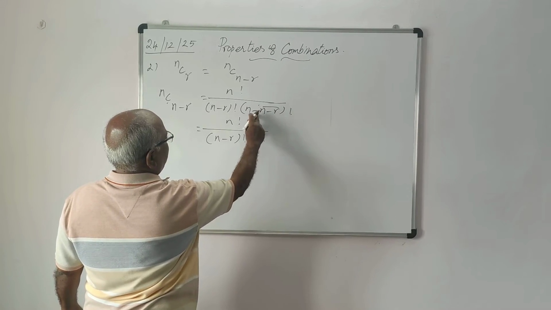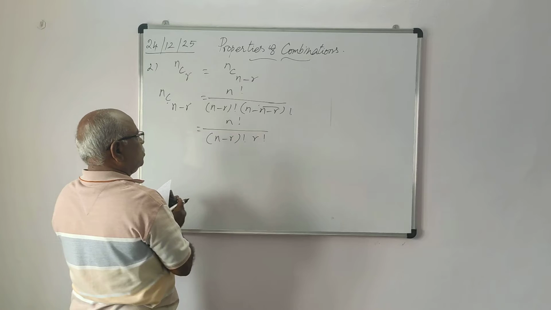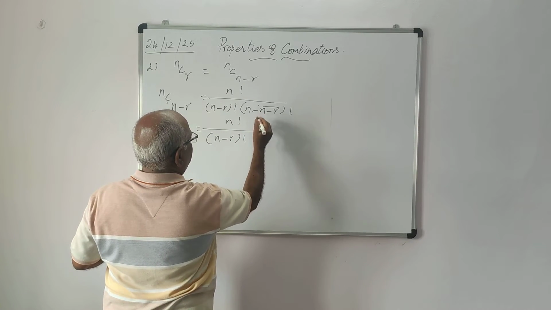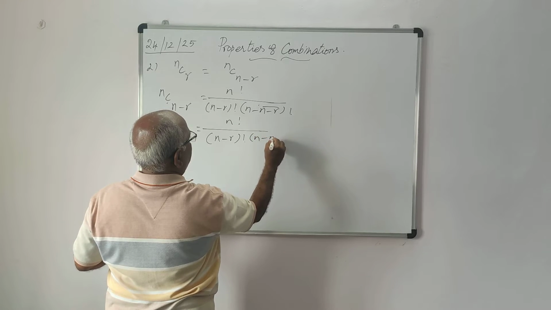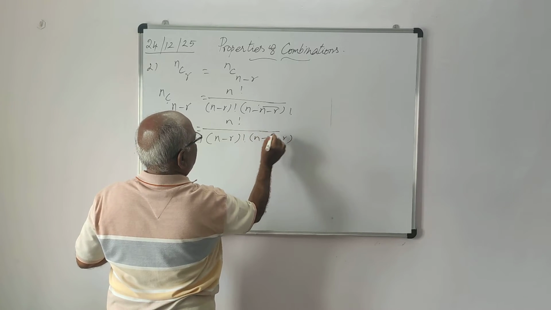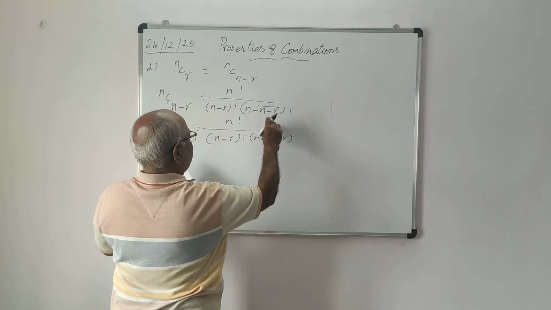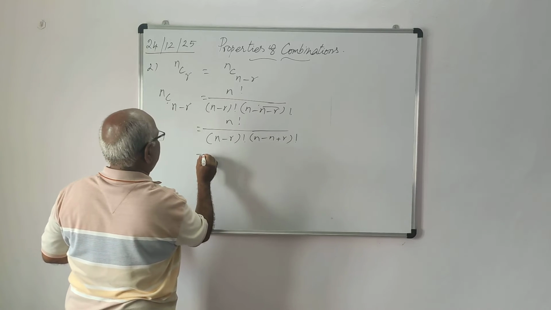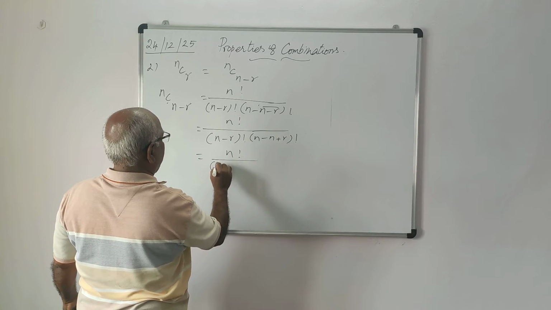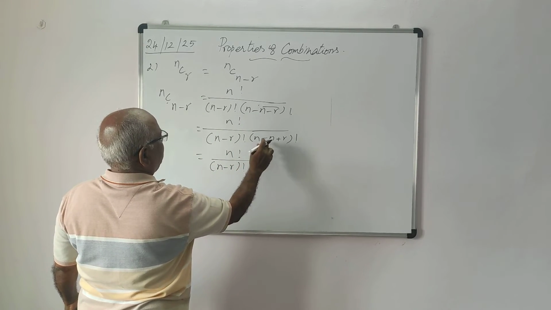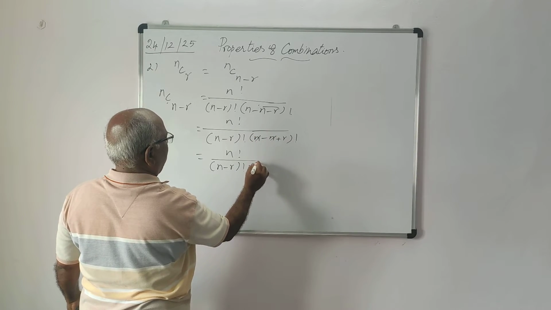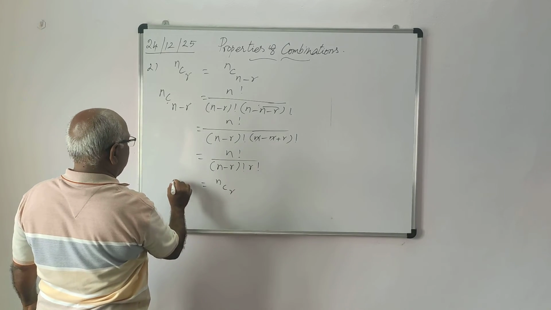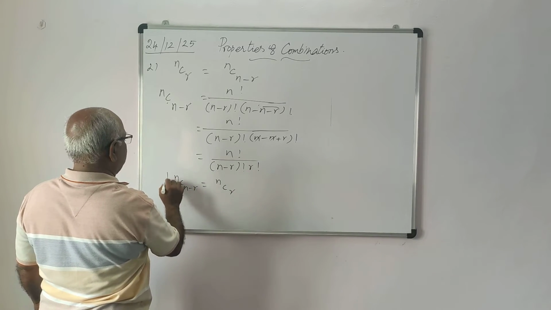The n cancels, you will get just r factorial. It is nothing but nCr. So nC(n minus r) equal to nCr. This is the result.